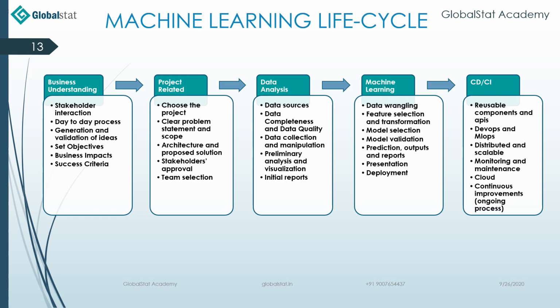Here we make our model scalable, we put it in a cloud environment, then we put it in production, and then we go for implementation. So to go step by step, it's reusable components and APIs, DevOps and MLOps, distributed and scalable, monitoring and maintenance, cloud, and the continuous improvements, which is an ongoing process.